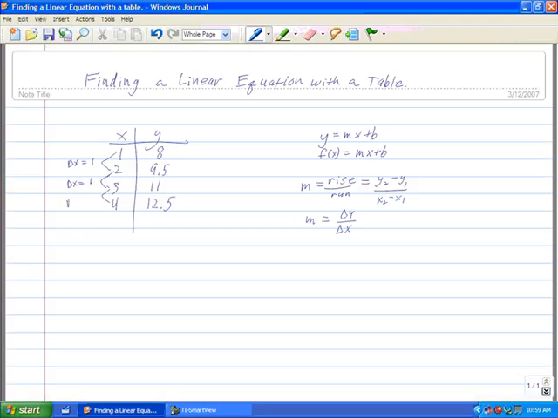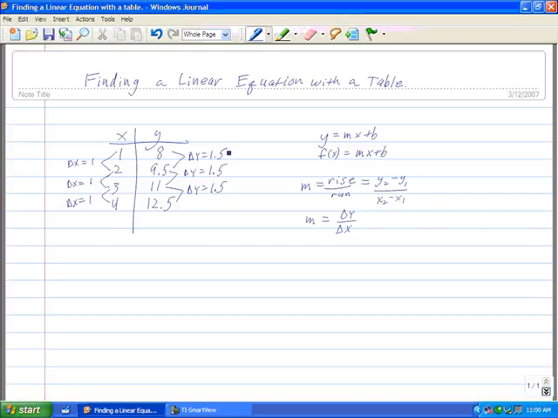The next delta x will be a 1 as well. Now we look at our delta y's. From 8 to 9.5, that's a delta y of 1.5. From 9.5 to 11, that's a delta y of 1.5. And from 11 to 12.5, that's a delta y of 1.5.